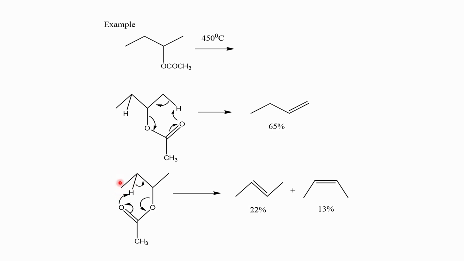The steric hindrance prevents the oxygen atom from capturing this proton, and thereby we get the Saytzeff product as the less abundant product. So we can say the pyrolytic syn elimination is regioselective. The capturing of the proton by the carbonyl oxygen usually takes place from the less hindered region. That is why we get the Hofmann product as the major product in pyrolytic syn elimination reaction.